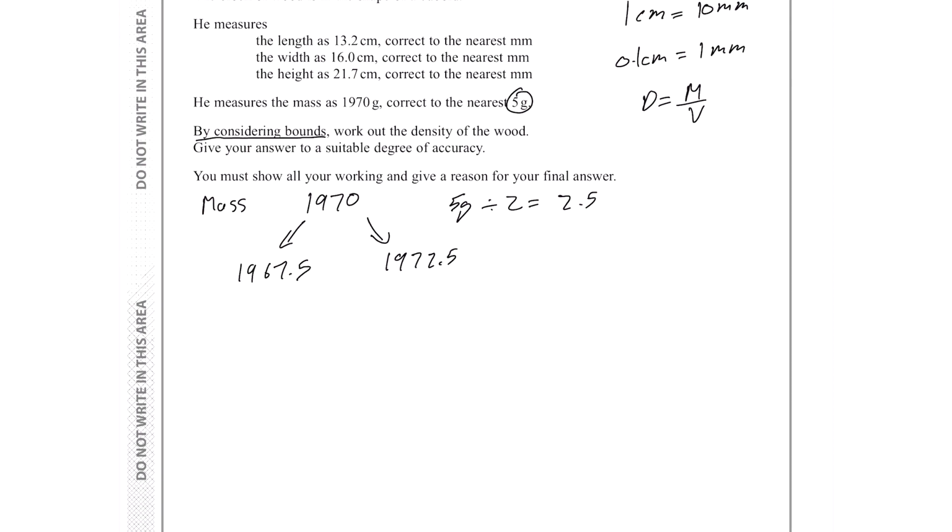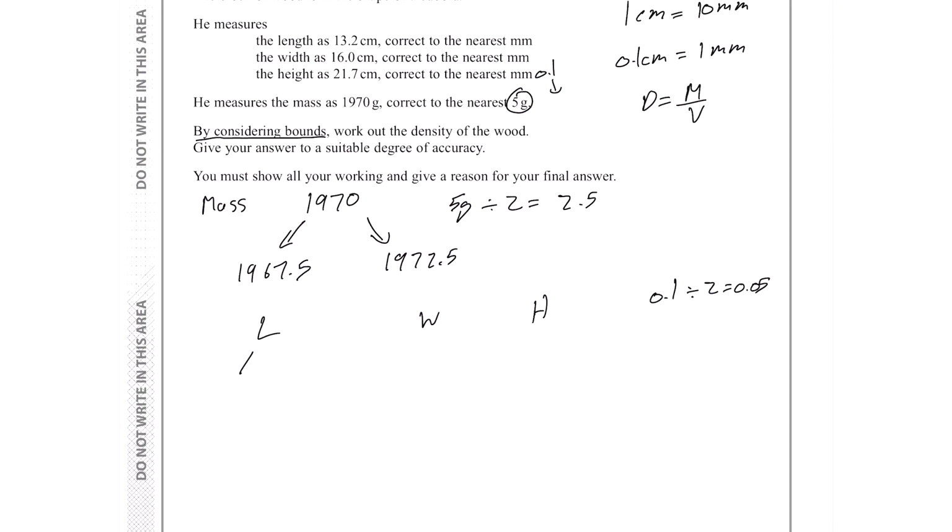And if you do the same for the others, so that's for mass. In terms of volume, we need to look at length, width, and height. It's correct to the nearest 0.1, and you divide that by 2, and that becomes 0.05.